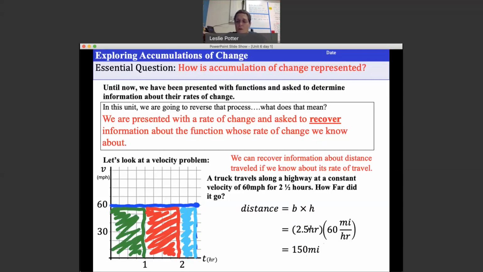And so those units of hours cancel, and we're left with units of miles. Okay, so the idea here is that we're presented with the rate of change. We have this velocity function, and we're recovering information about our position. Our velocity is a rate, and underneath the graph of this rate ends up being information about the original function that we wanted to recover.